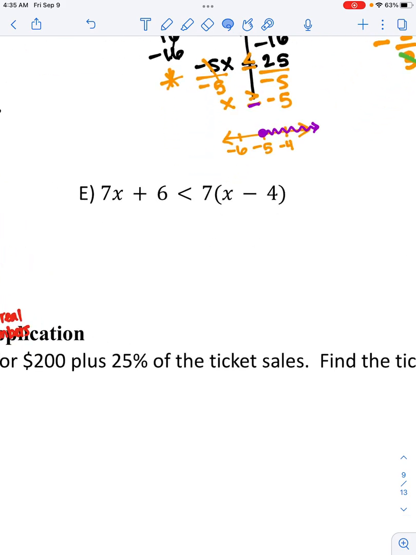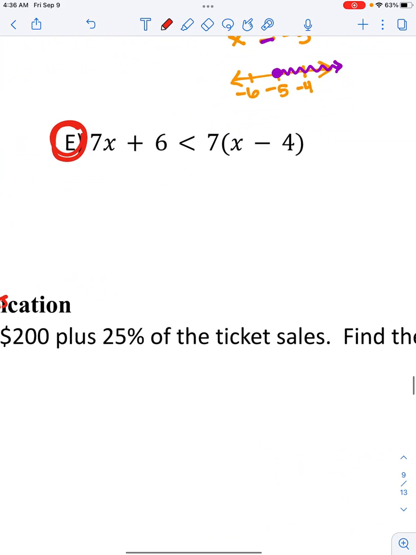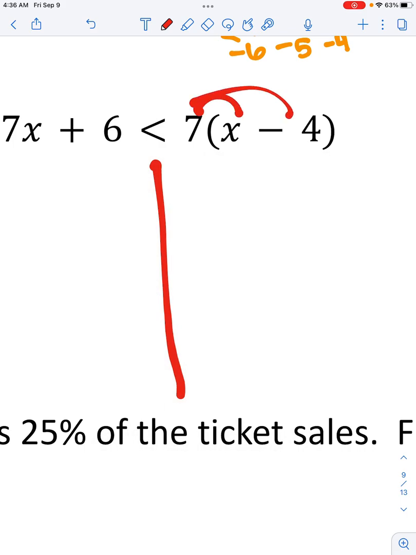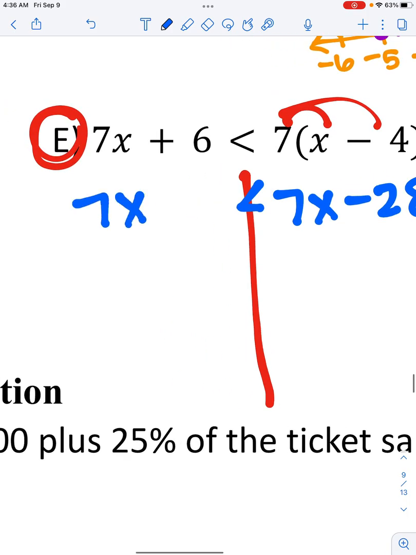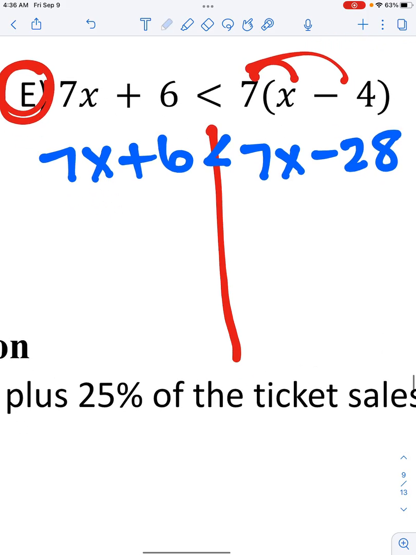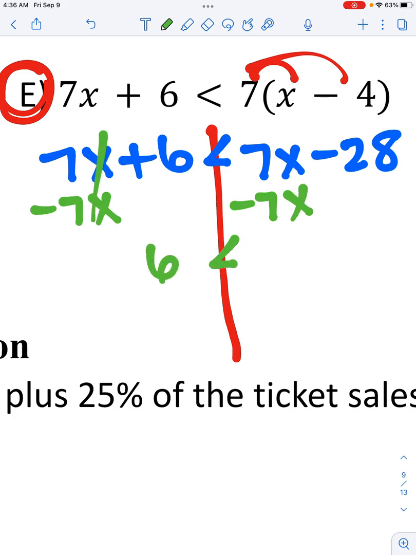This next example, again, something different is going to happen from the top row and different from this example. If I distribute that 7, we'll have 7x minus 28 against 7x plus 6. So when I subtract those 7x's, I get 6 is less than negative 28.